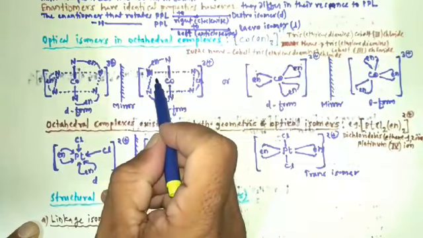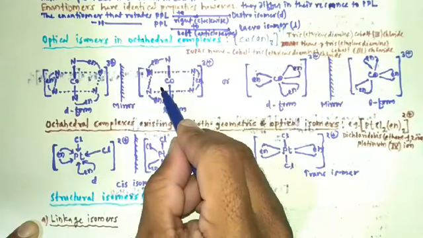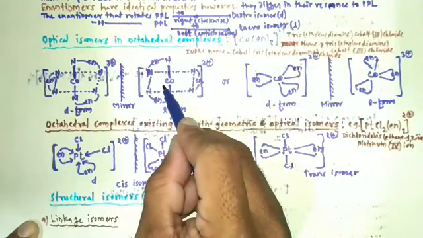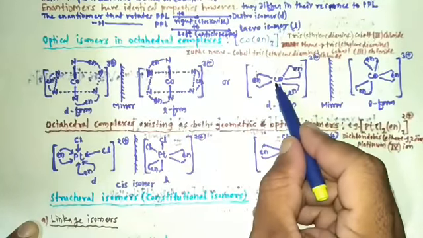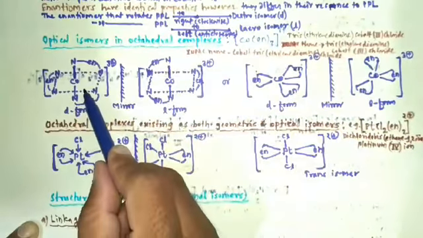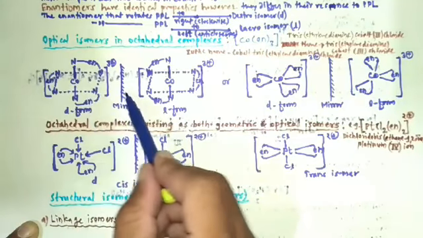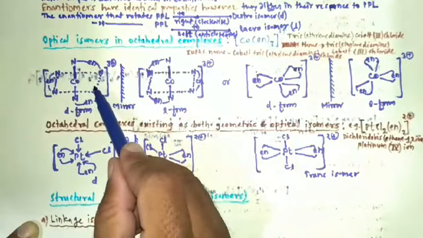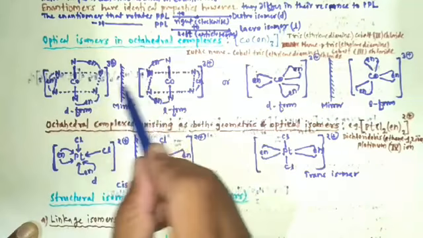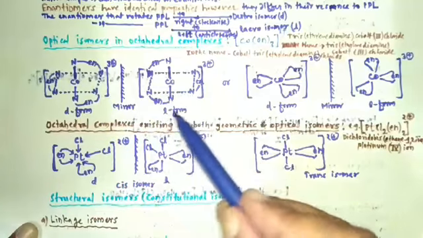Such a complex does not possess any element of symmetry. That's why it is optically active. This form is the D form, and its mirror image is the L form. These two do not superimpose on each other, so they are optical isomers.